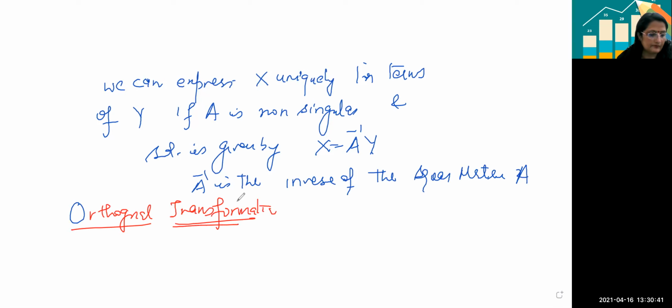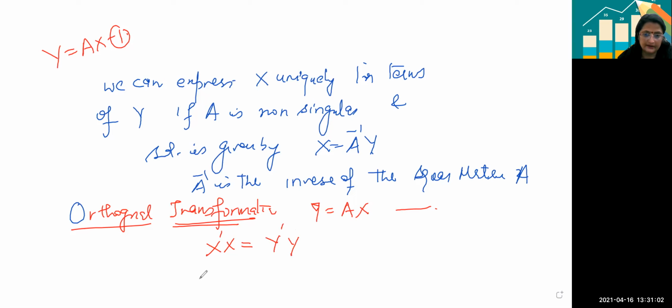So the linear transformation that we have defined, y is equal to Ax, is said to be orthogonal if the condition x dash x is equal to y dash y is satisfied. Here x is a column matrix and x dash is a row matrix.